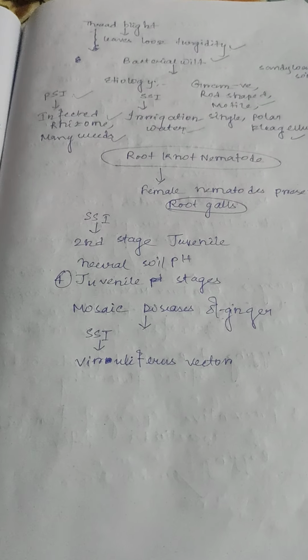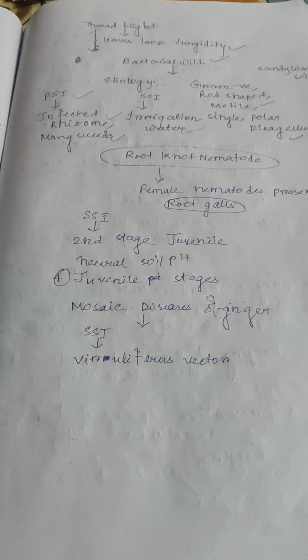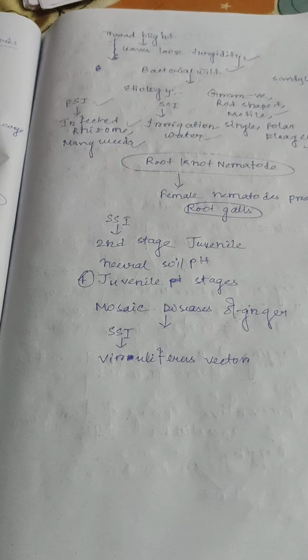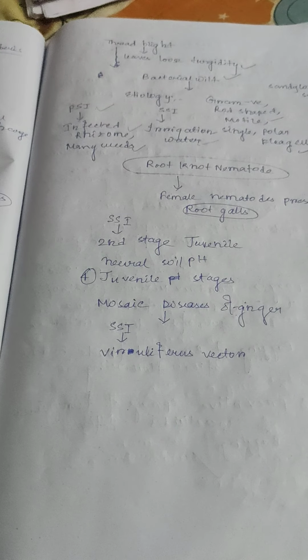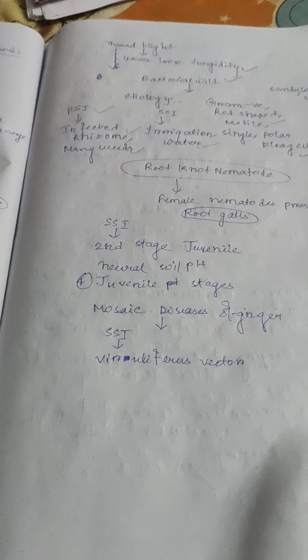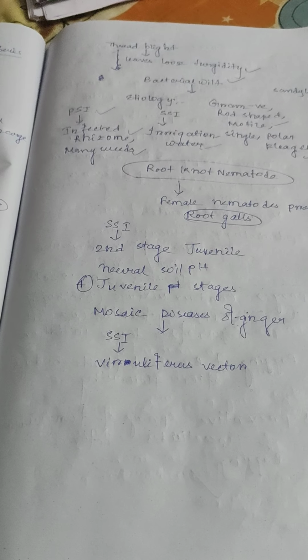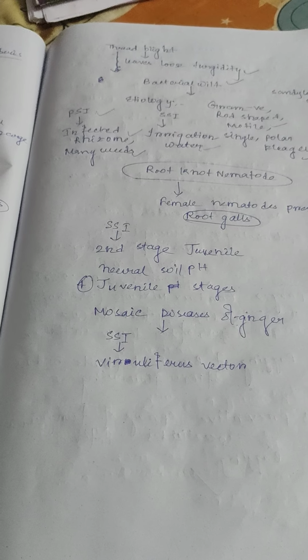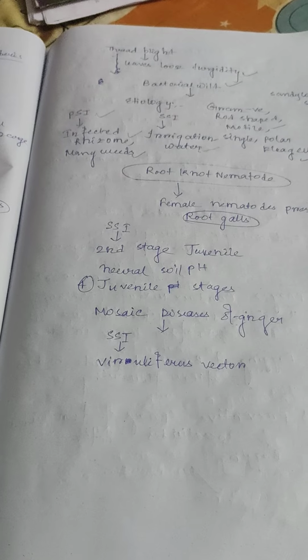Etiology: gram-negative, rod-shaped, motile bacteria with a single polar flagellum, monotrichous. Epidemiology: sandy loam soil. Primary source of inoculum is infected rhizomes and many weeds, and the secondary source is irrigation water.